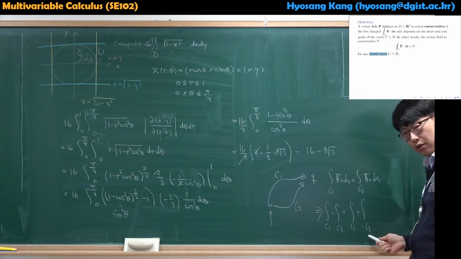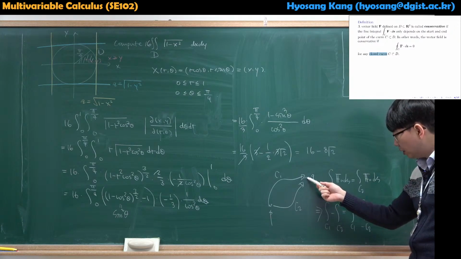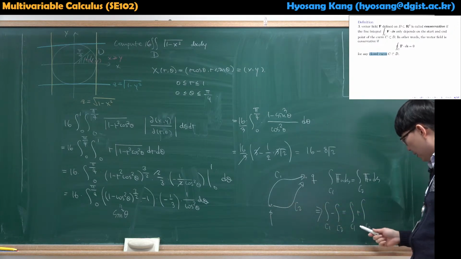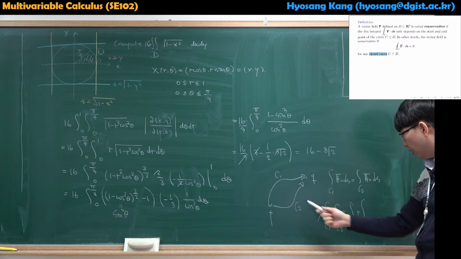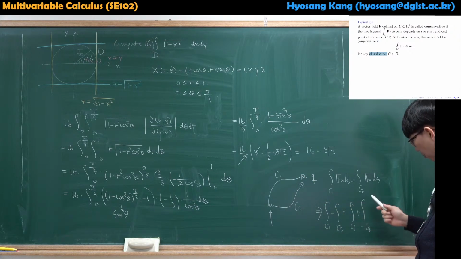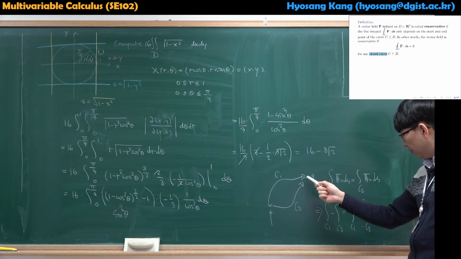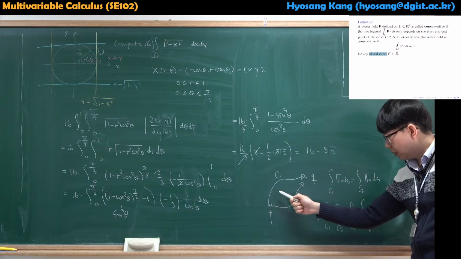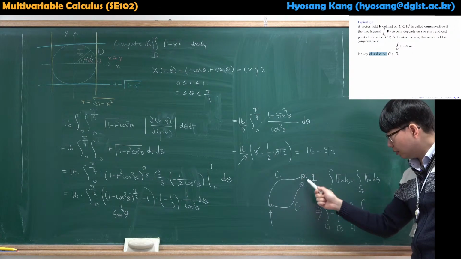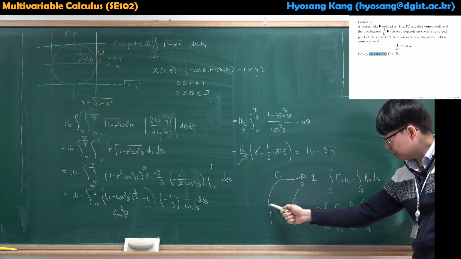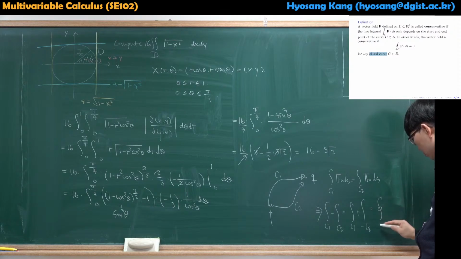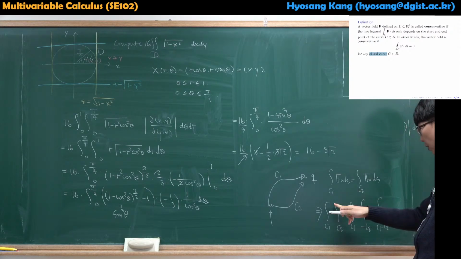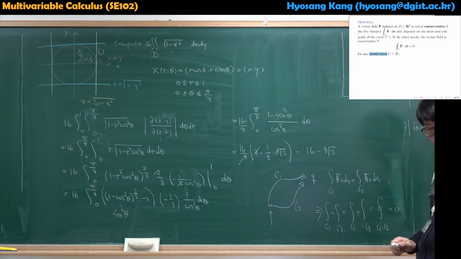So this minus C2 means that I'm taking a path from Q to P, right? So this line integral path is P to Q along C1, and this one is from Q to P along C2. So basically we are taking a circular path starting from P and ending at P. So this line integral is always 0 as long as it's closed.